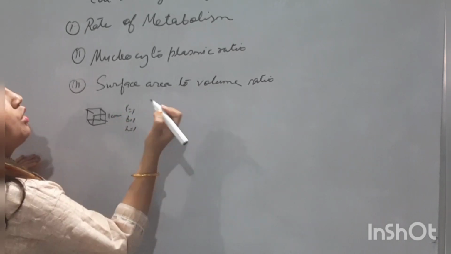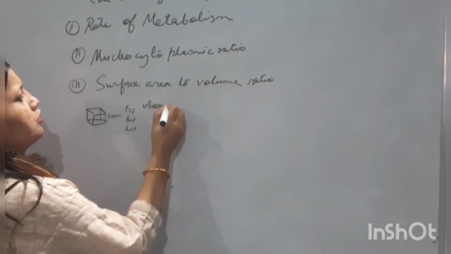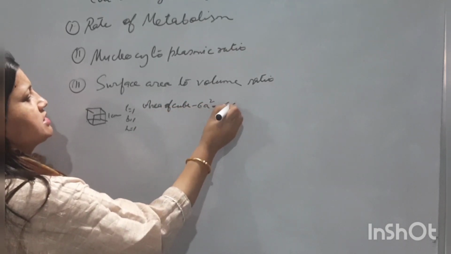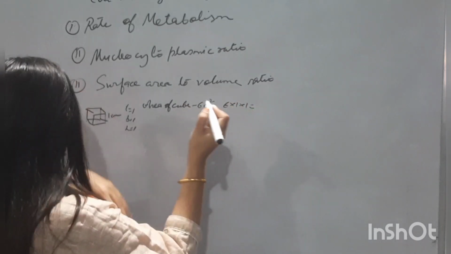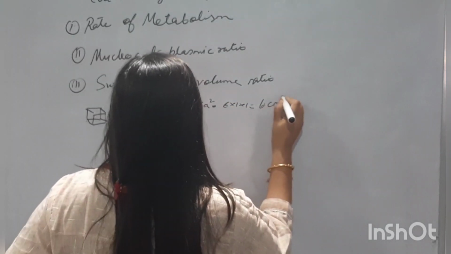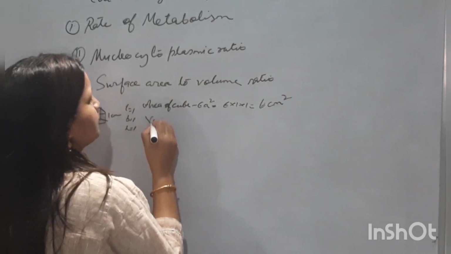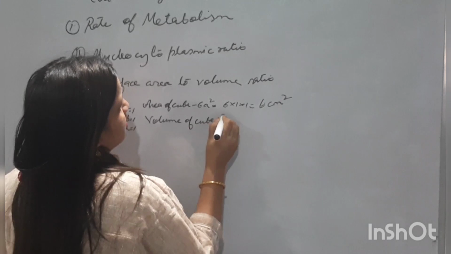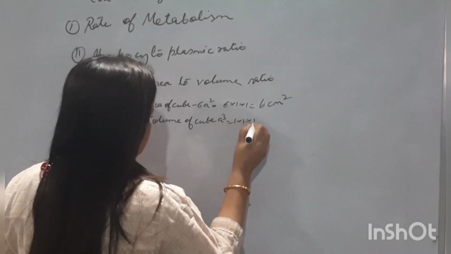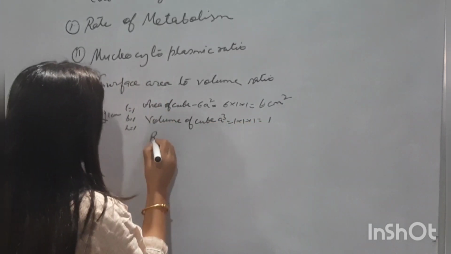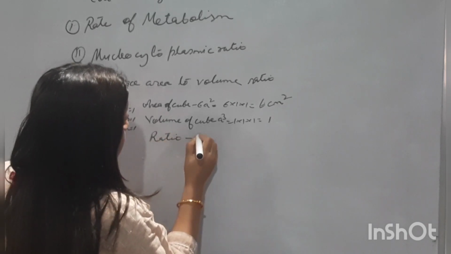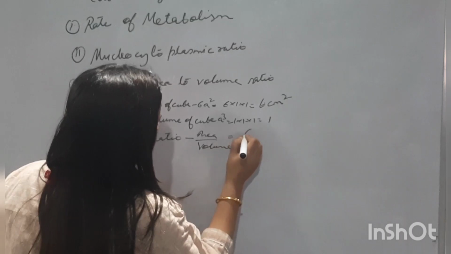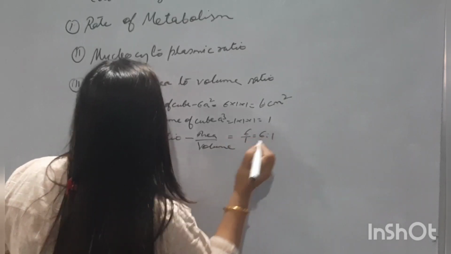What is the area of the cube? Area of cube is 6 a square, that I can write as 6 into 1 into 1, that is 6 centimeter square. Then volume of cube is a cube, that is 1 into 1 into 1, that is 1. So the ratio of area to volume will be 6 by 1, that is 6:1 ratio.